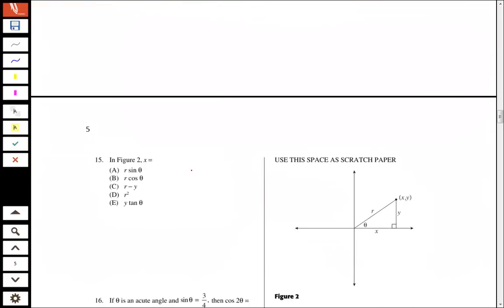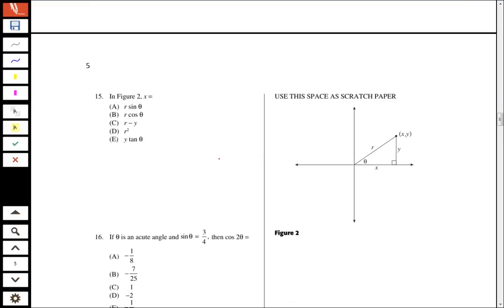Question number 15. In polar coordinates, we know that x equal r times cos, or cosine. There are two ways to speak.